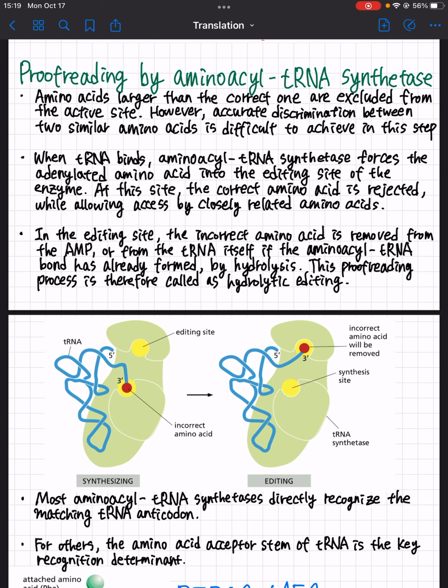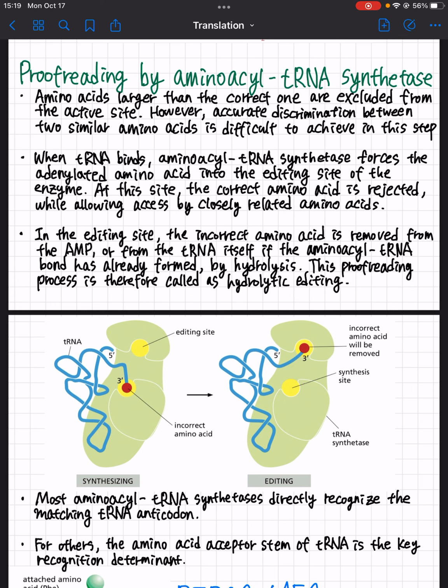When tRNA binds, the synthetase tries to force the adenylated amino acid into a second editing pocket in the enzyme. The precise dimensions of this pocket exclude the correct amino acid while allowing access by closely related amino acids.